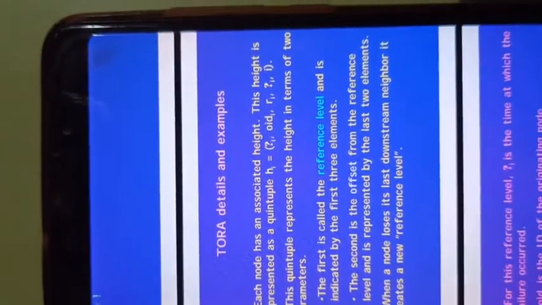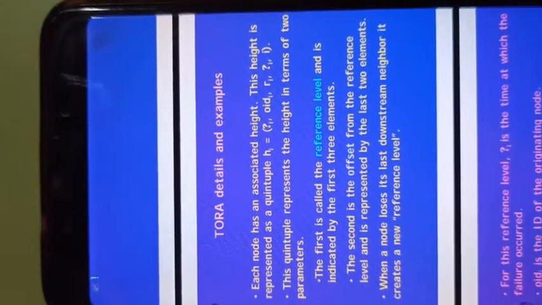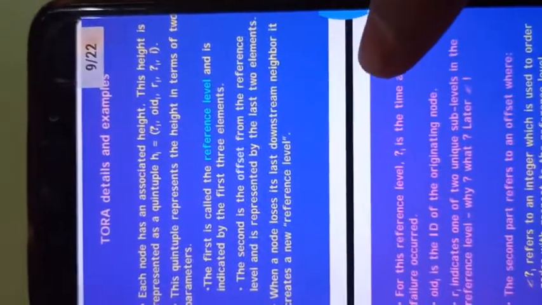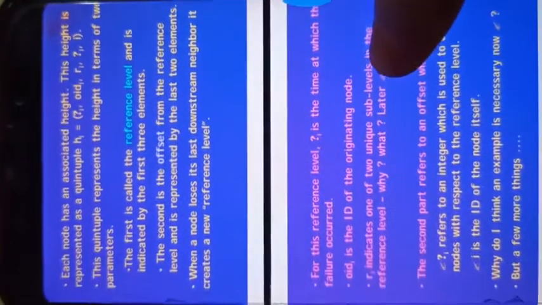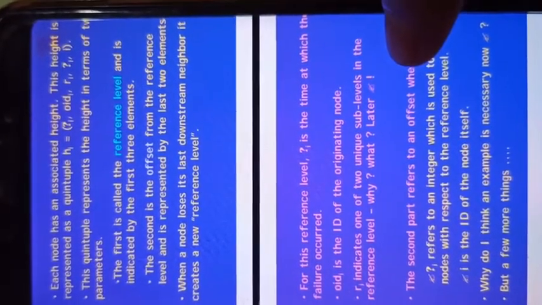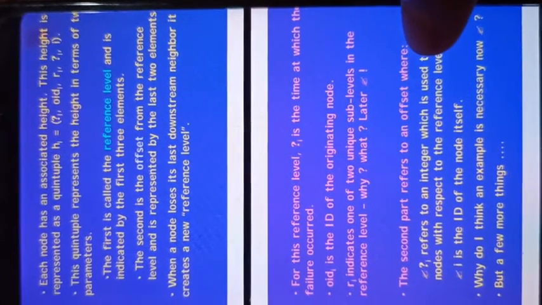When a node loses its last downstream neighbor, it creates a new reference level. The reference level is the same quintuple that we use: tau is the time at which the failure occurred, oid is the ID of the originating node, and r is one of two unique sublevels in the reference level.